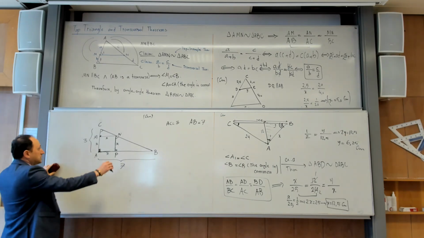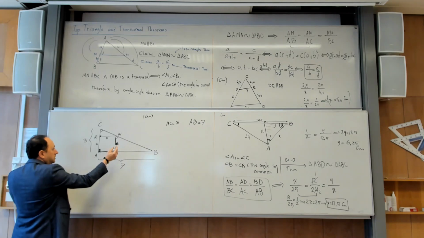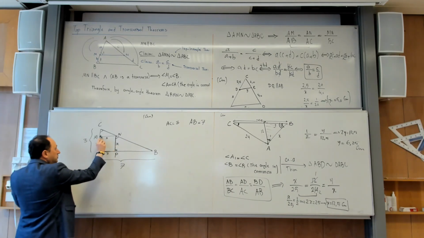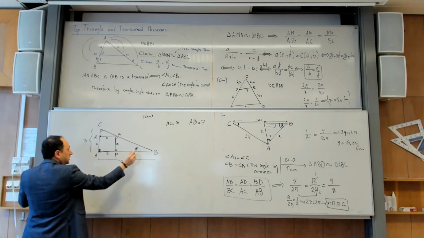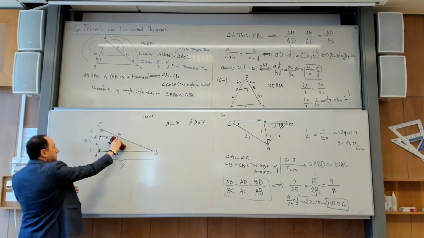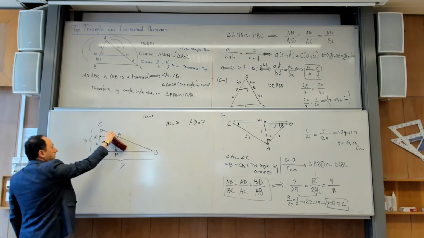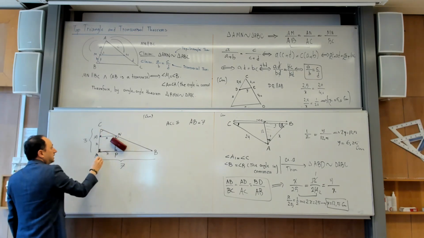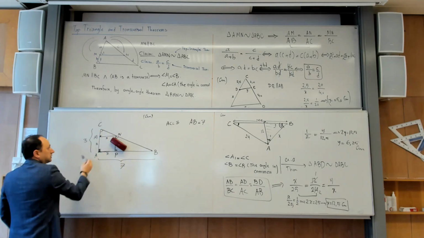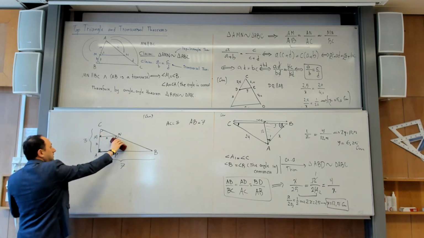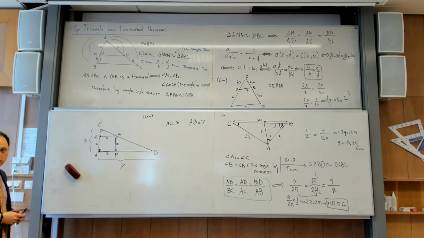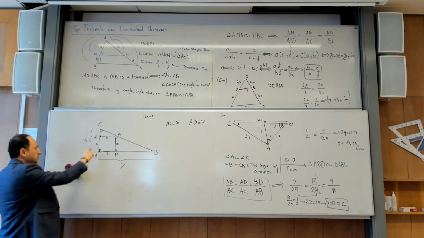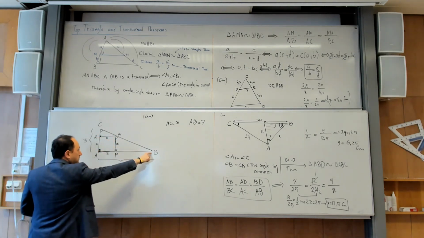So first of all, do you agree that this line is parallel to this line? Yeah. Okay, so if you don't look here, this is the top triangle, and that is the bigger triangle. So this one is similar to the bigger one, as you mentioned, yes? We don't need to prove that again, because this line is parallel to that one.